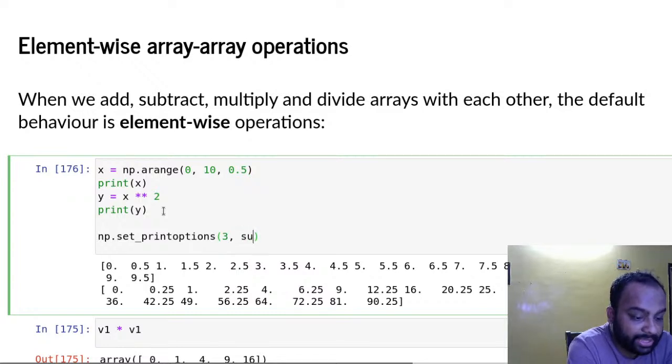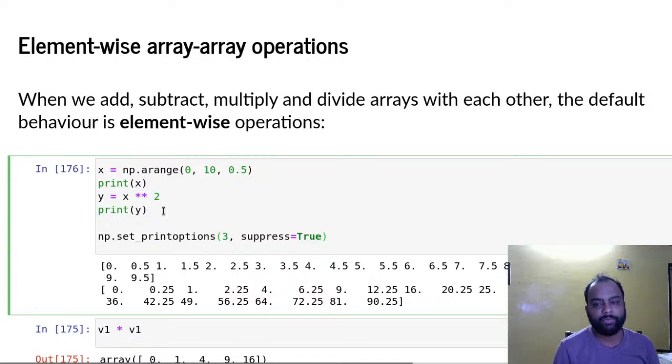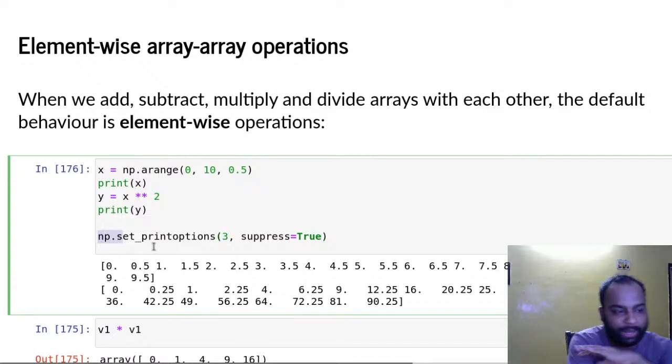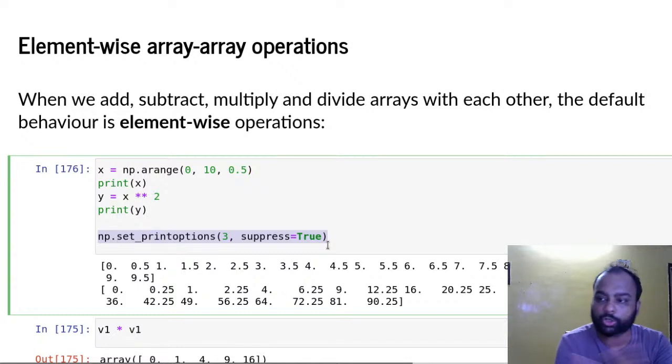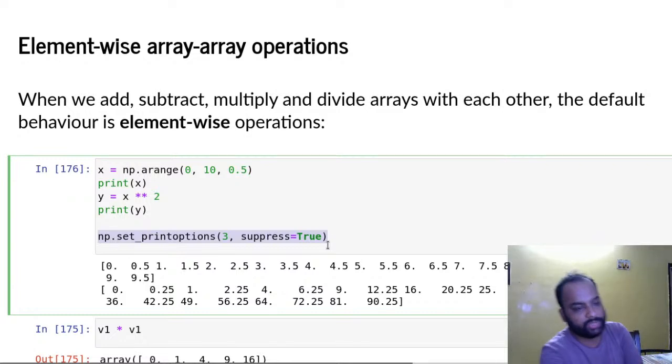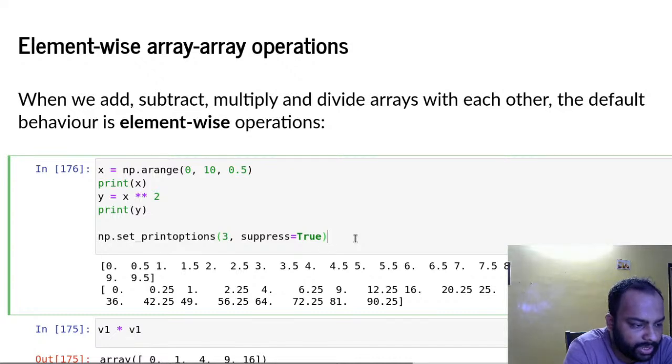And you can say suppress equal to True. Whenever I am doing any computation with NumPy, after just importing NumPy, I personally do this. This is a personal preference. It does not change the internal computation that NumPy does, it only makes the printing prettier. So I want only 3 significant digits at most, if possible.